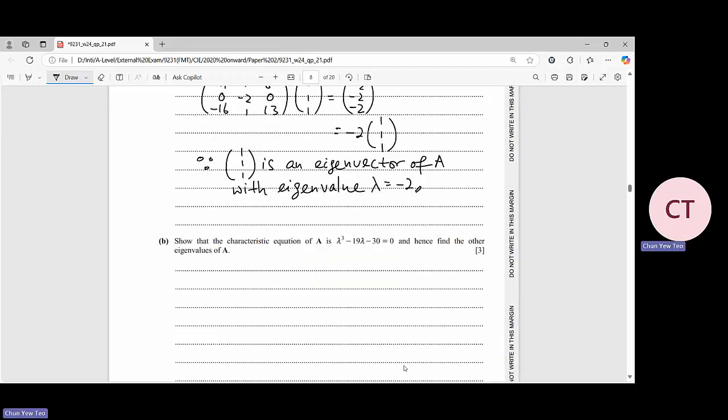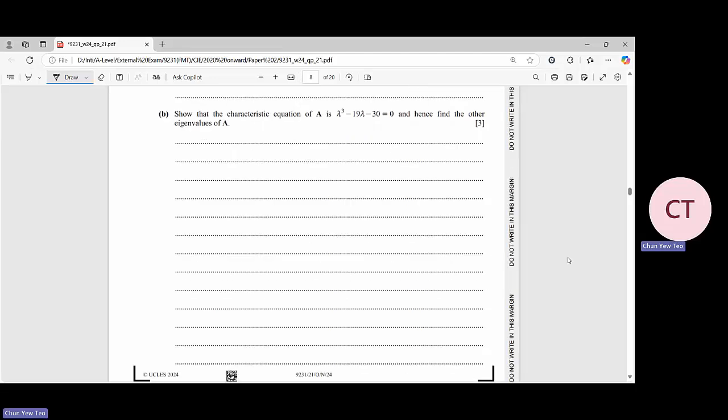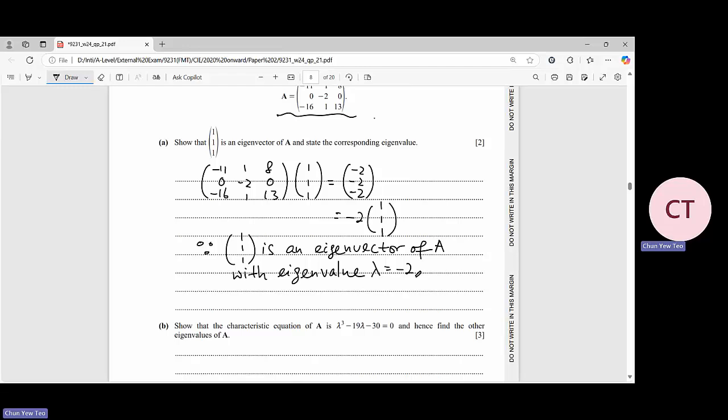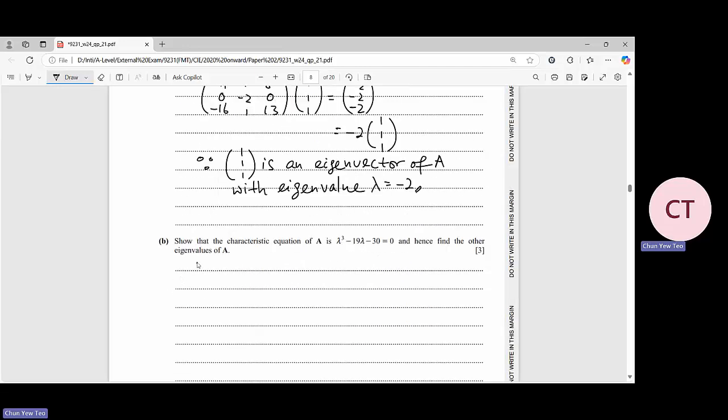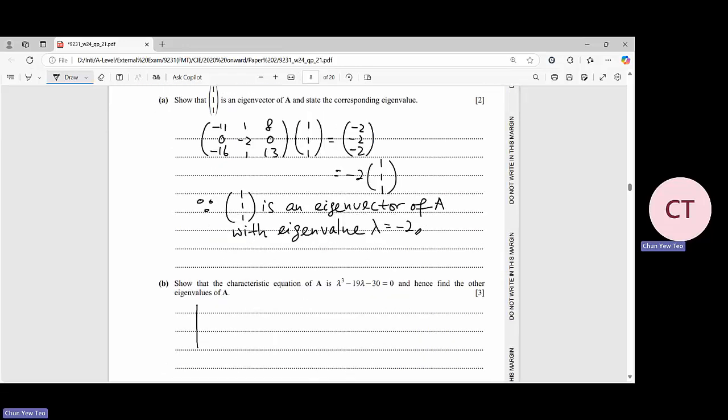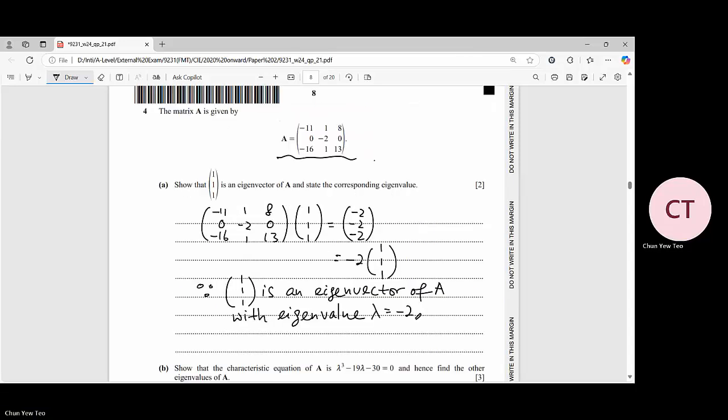Okay, so this will be the answer for part A. Done. Then part B: show that the characteristic equation of A is lambda cubed minus 19 lambda minus 30 equal to 0, and hence find the eigenvalues of A. In order to show the characteristic equation, we use the formula for finding the eigenvalue. Basically, take the diagonal values, subtract lambda from each, and then find the determinant.